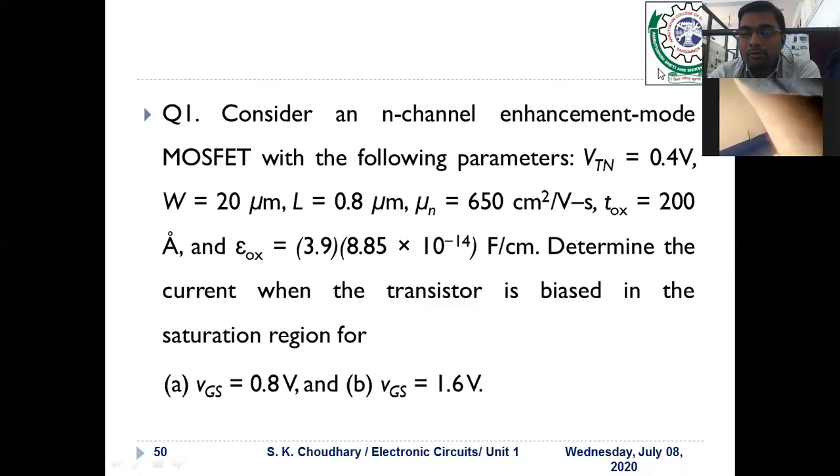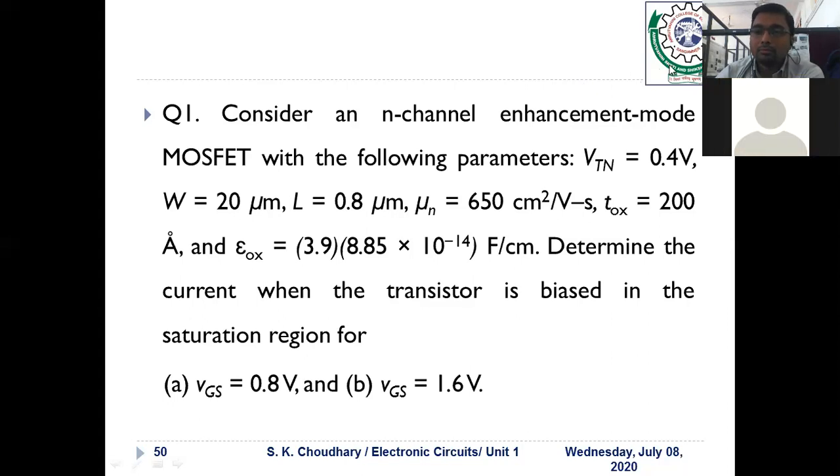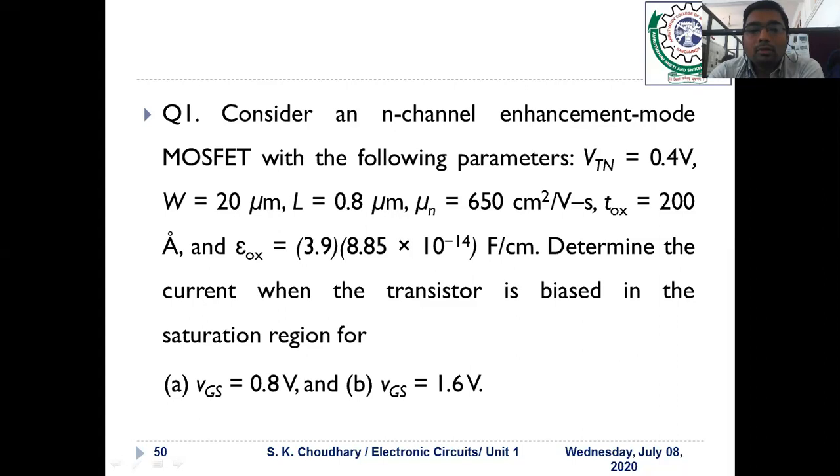I think all of you are familiar with the term angstrom. Then epsilon OX is equal to, as per the standard formula, 3.9 into 8.85 into 10 to the power minus 14 farad per centimeter. You have to determine the current when the transistor is biased in saturation.